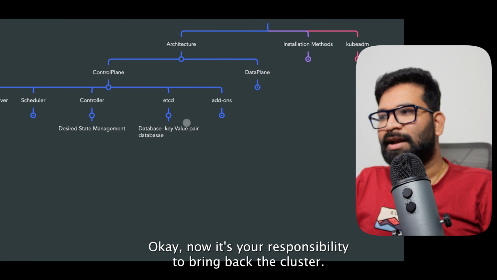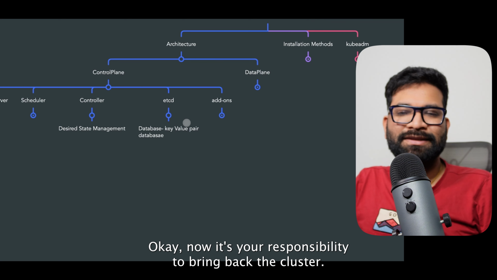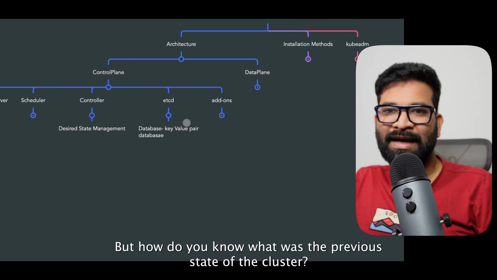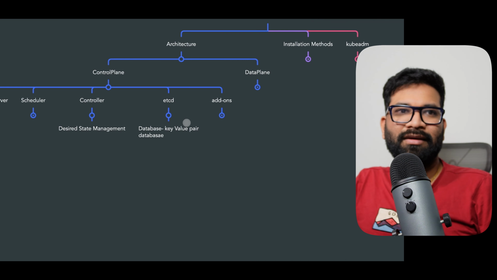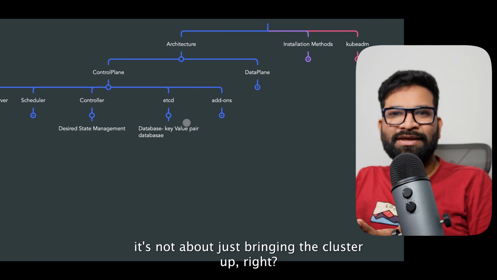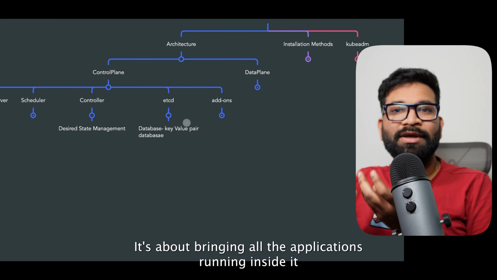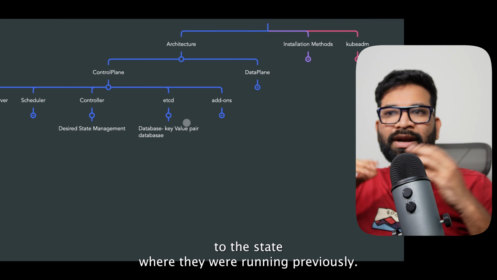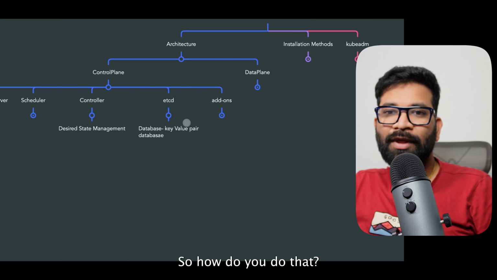Now it's your responsibility to bring back the cluster, but how do you know what was the previous state of the cluster? It's not about just bringing the cluster up. It's about bringing all the applications running inside it to the state where they were running previously. So how do we do that?